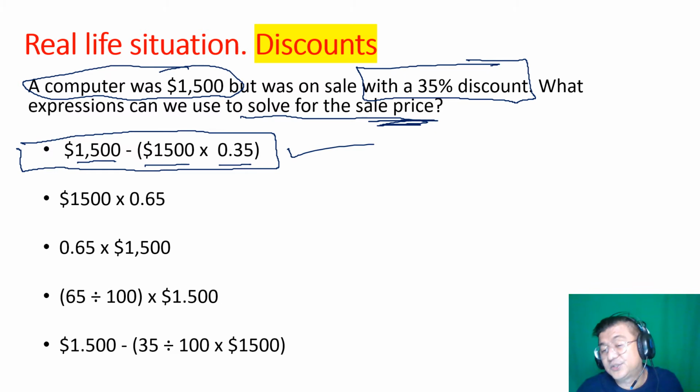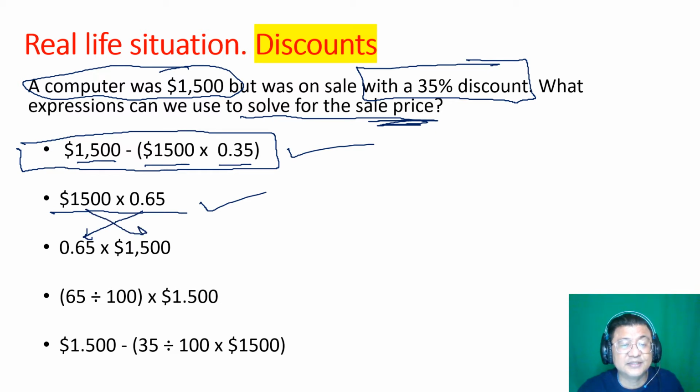But guess what? Other students might write it in different ways. Remember this? Instead of using 0.35, I use 0.65. Yes, that's the shortcut, and you will automatically get the selling price. All right. So if I reverse this one and that one, what property is that? That's the commutative property. Definitely, I'll get the same answer. Now, for example, 65 divided by 100 is actually 0.65.